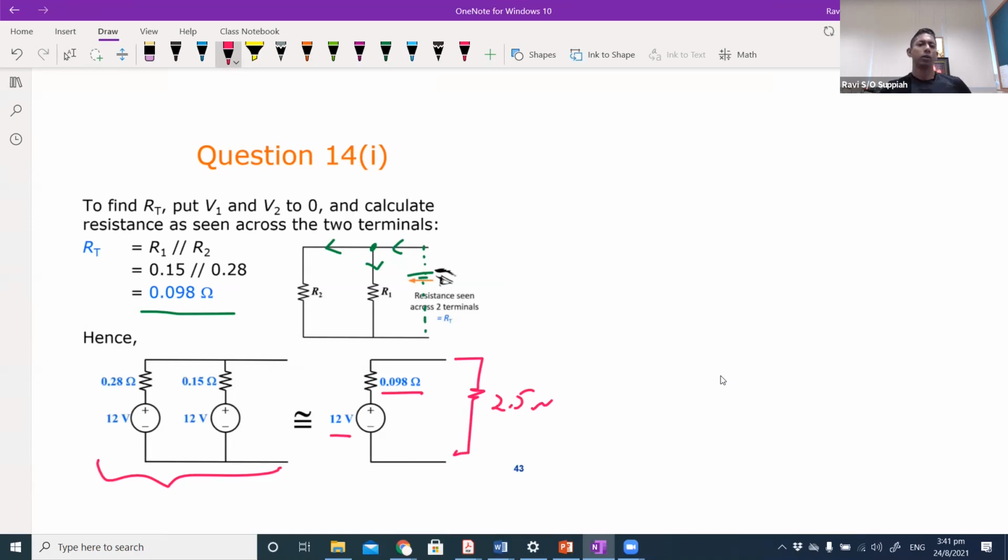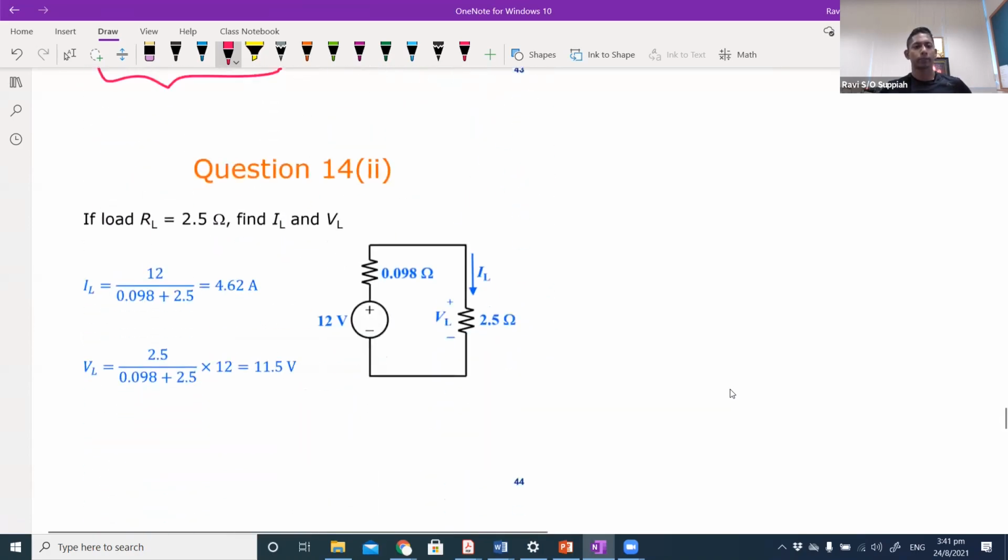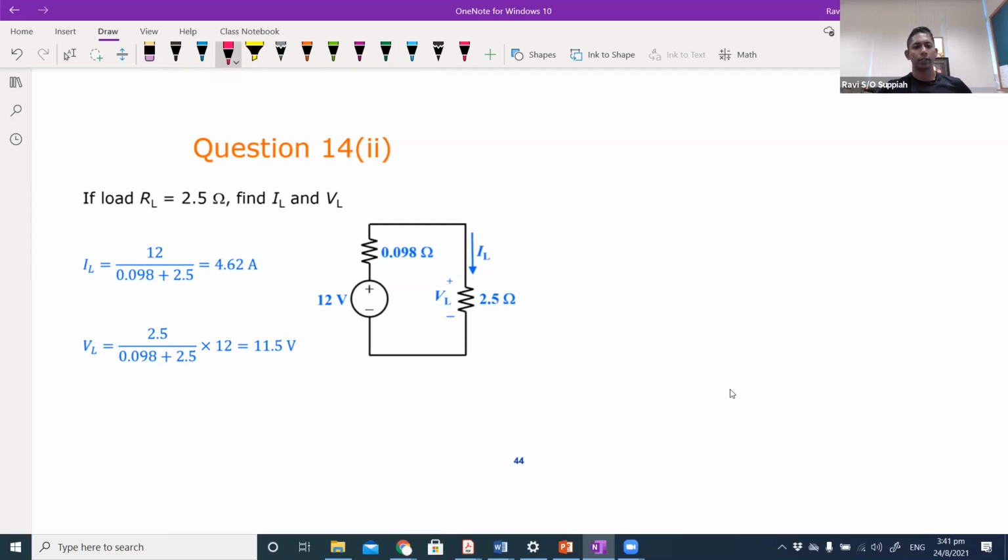You can analyze and see the current and the voltage. This is basic Ohm's law, V by R. This is the internal resistance of the combined battery cell, and this is your load. The voltage across the load uses the voltage divider rule. I don't need to go through this again. You know how to do this.